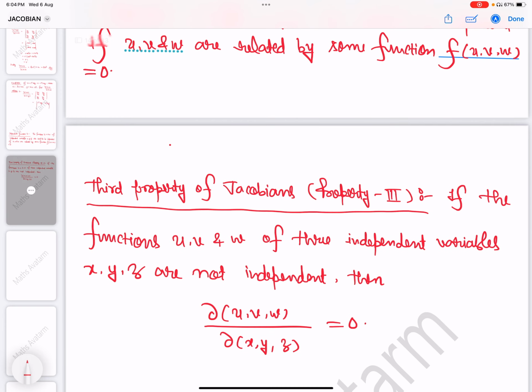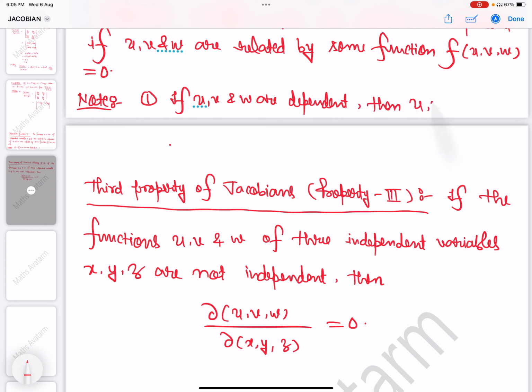Note that if u, v, and w are dependent, then u, v, and w are called functionally related.